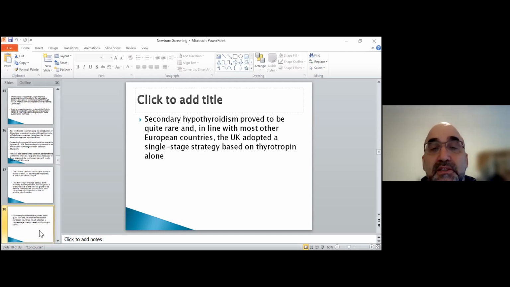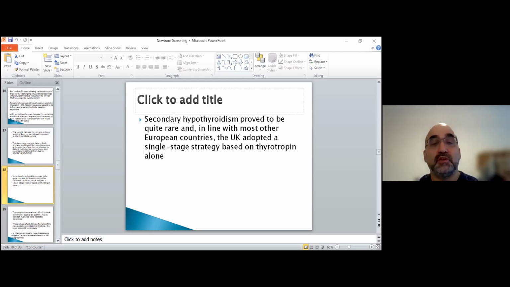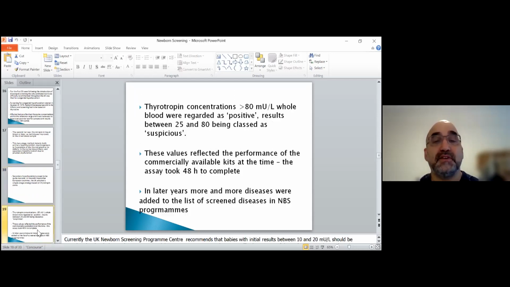So we don't really need to do the T4 anymore, and TSH, which mainly shows primary hypothyroidism and is high in those cases, could be enough as a single test for single stage congenital hypothyroidism diagnosis. That is the next development that happened. Then it is a matter of deciding what cutoff you need to get the sensitivity that you require for the positive and negative results.